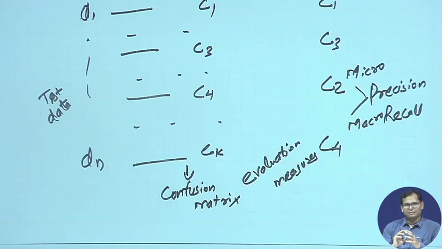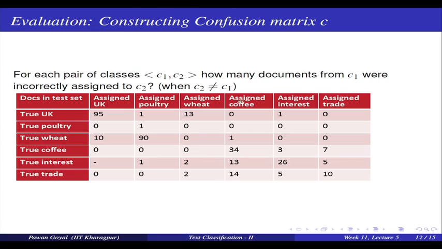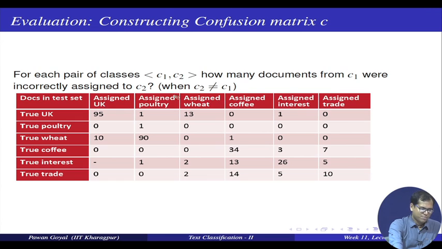It shows how many you got correct and how many you did not. Everything will be there in that confusion matrix. Let's see one example. Suppose I have 6 classes: UK, poultry, wheat, coffee, interest, and trade. The rows are the true classes, meaning how many documents are in these classes, and these are the assigned classes.